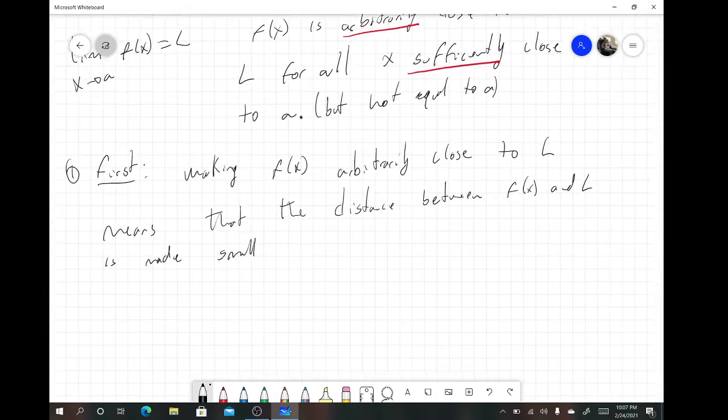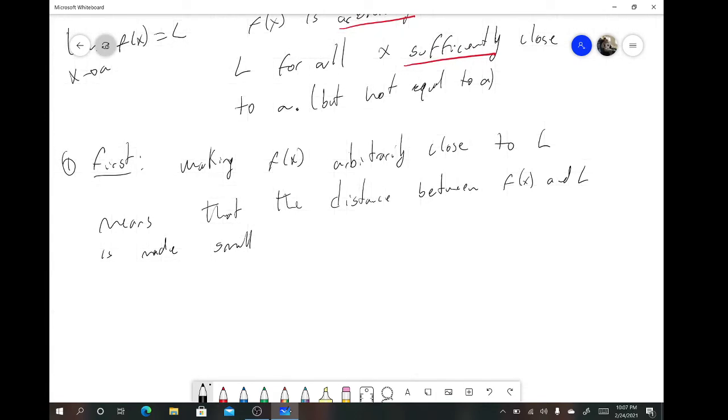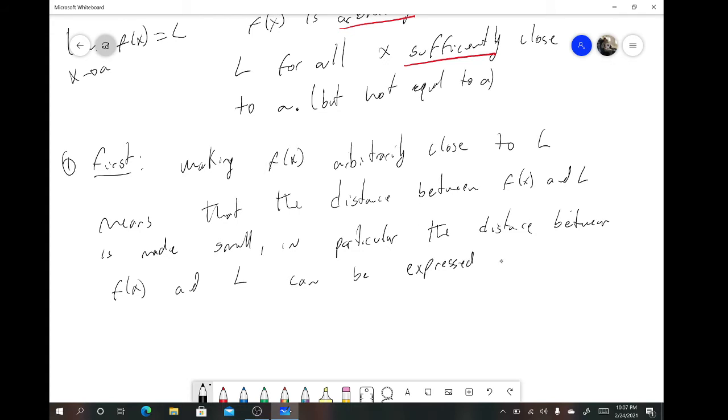We're talking about distances here. In particular, the distance between f of x and L can be expressed as the absolute value of f of x minus L. So this is how we describe distances, by using the absolute value.